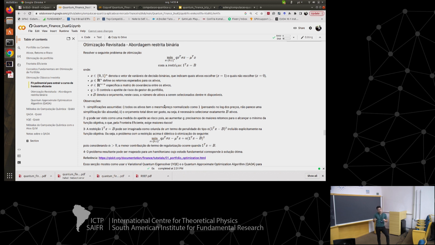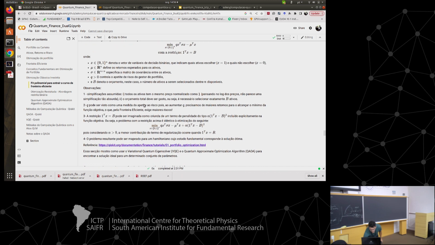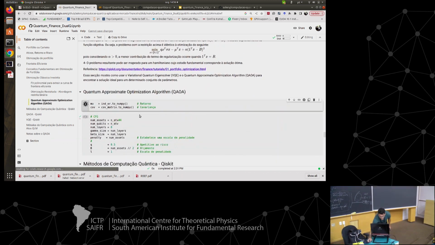So what we are going to do from now on is in the same notebook. I'll take the same array of returns and the same array of covariance and put it in the quantum and test. Okay? So I did many approaches. I'm just using the values from before.